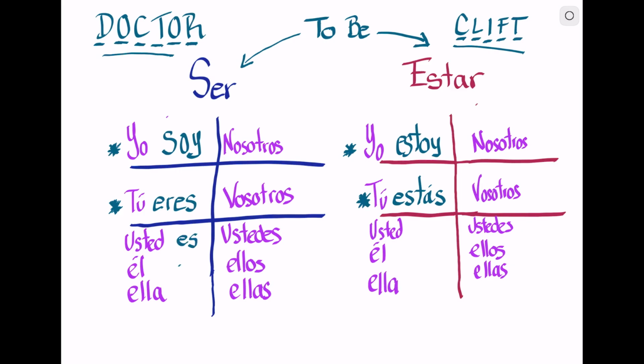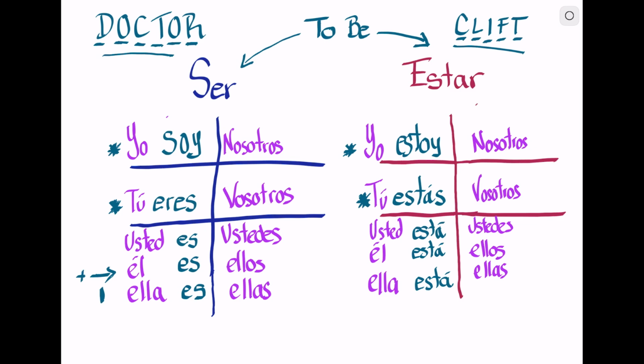And then we have usted, él, and ella. They are in the same square because all of them share es, es, es. And for estar, all of them are in the third square because the three of them are está, está, está. And the same thing, it depends what you're talking about.